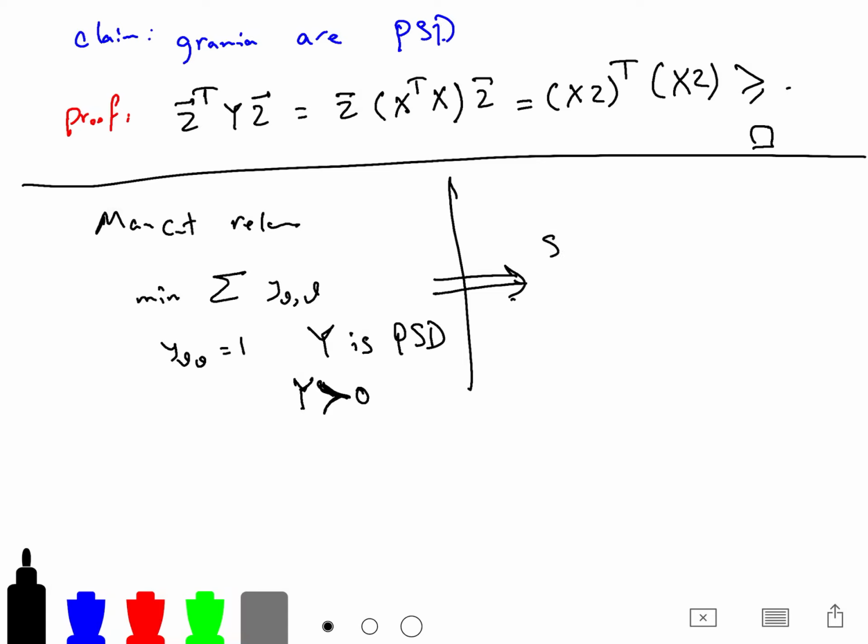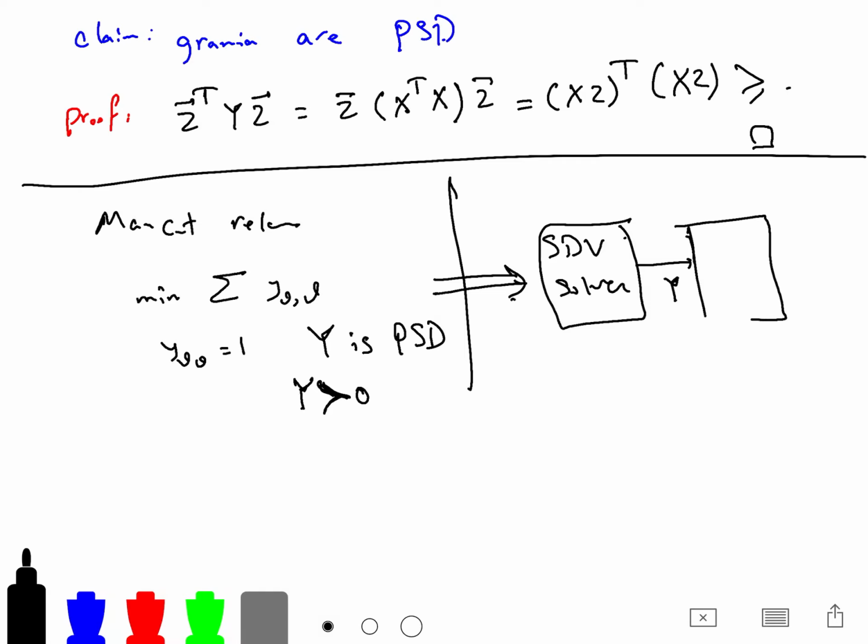You give this problem to an SDP solver, and the SDP solver gives you Y. But what we want is X. So we give it to Cholesky decomposition to get X. If you want to search it, this is Cholesky factorization. You can learn about it after this lecture.